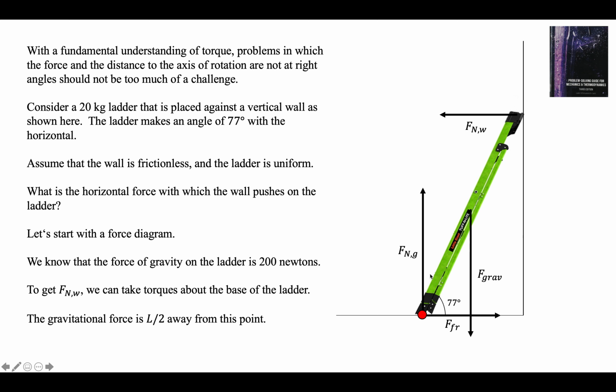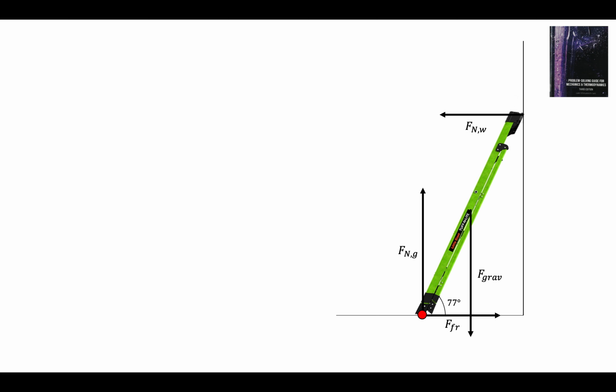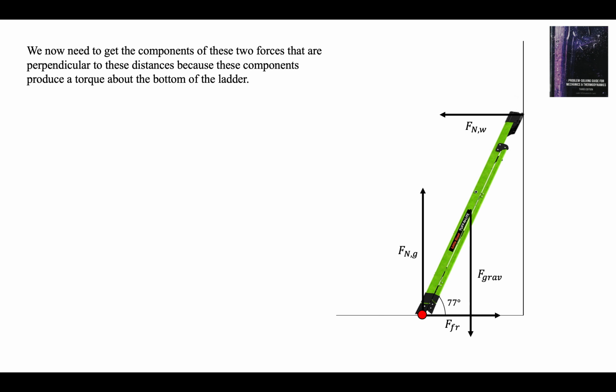Gravitational force is L/2 away from this point, halfway up the ladder. And the normal force from the wall is the entire length of the ladder from this red dot, the point at which we're taking torques. So now we need to get the components of the gravitational force and the normal force from the wall that are perpendicular to these distances, because these are the components that rotate the ladder about the point of rotation.